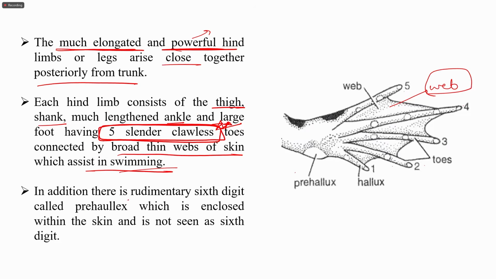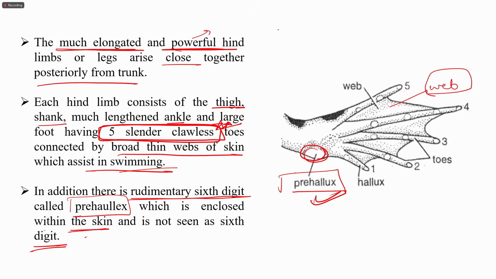Similarly, in addition, there is a rudimentary 6th digit, the prehelix, which is enclosed within the skin and is not seen as the 6th digit. It is not very well developed, and therefore it is not considered a separate digit. But it is a protruding structure known as the prehelix, and it is rudimentary in nature.